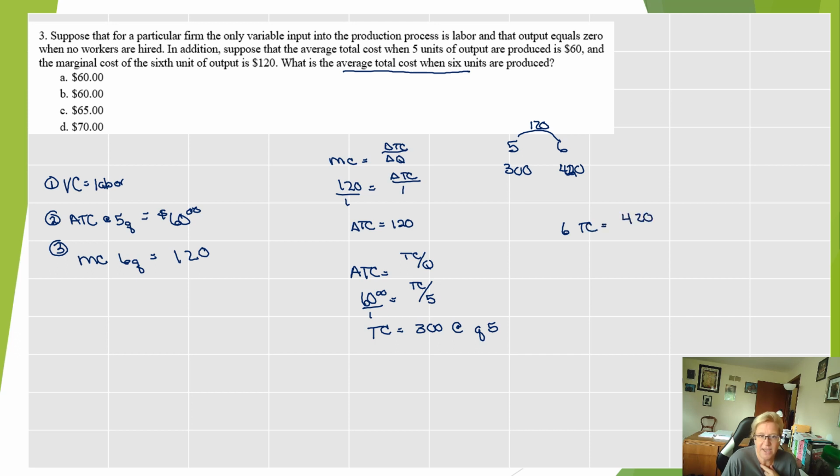What they're asking us for here is average total cost, and we know the average total cost is equal to total cost divided by quantity. So my average total cost, that's what I'm solving for, is equal to 420 divided by 6, and that answer is going to be $70. So the right answer here is D.